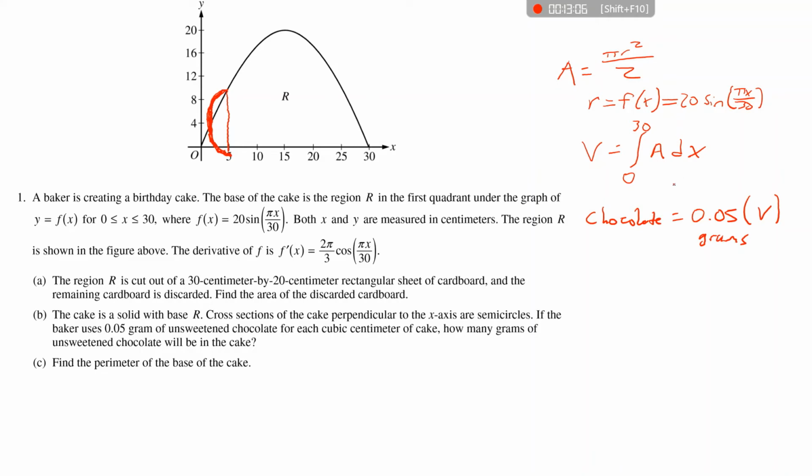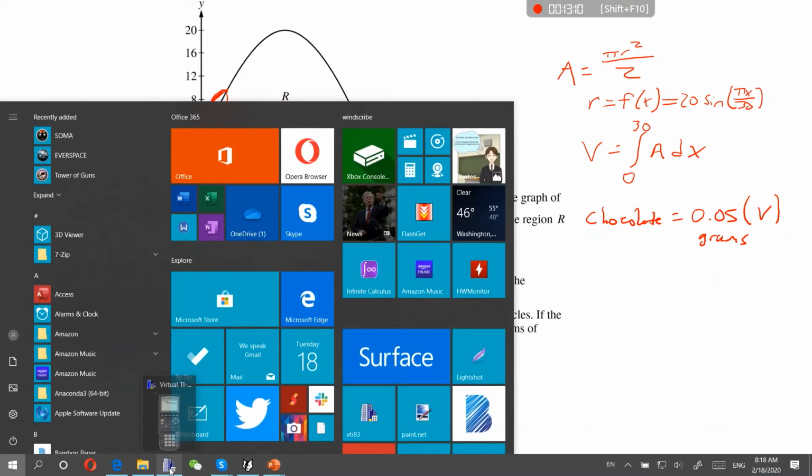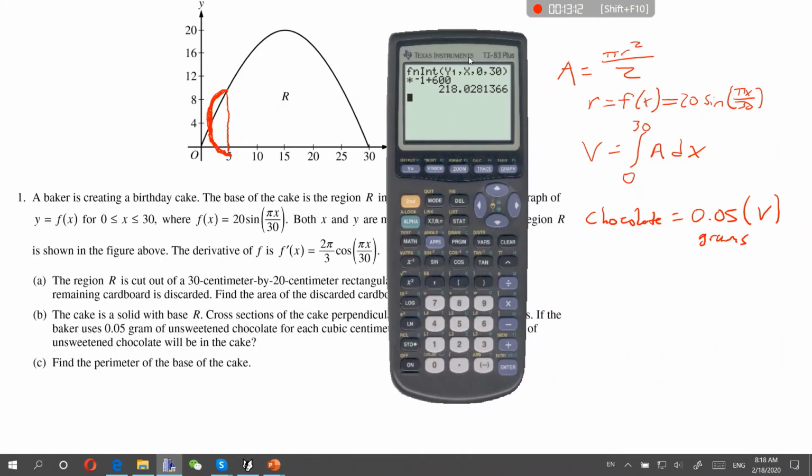All right, so let's go ahead and solve that then. So I already have our function in here, so I'm just going to integrate this again.